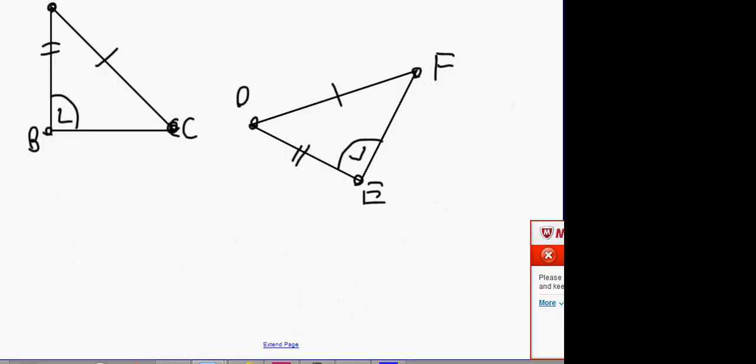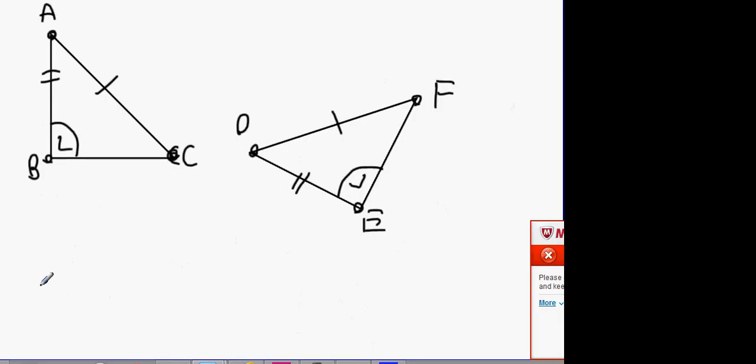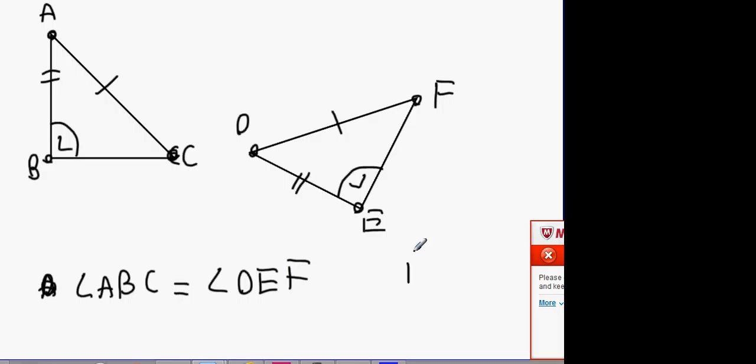So you just have to do it formally, and you do it like this. Angle ABC equals what angle, Kim? DEF. That's your R for a right angle triangle. Now your H is your hypotenuse. So what's the hypotenuse?